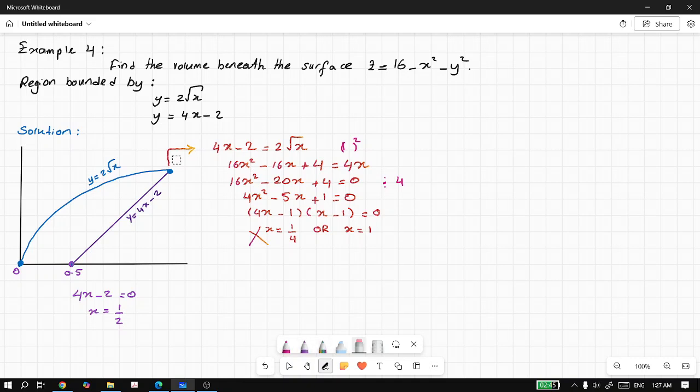So here the point that we have got is 1. And of course, putting that into one of those equations gives me 2. For example, if I put it in here, y is equal to 2 square root of 1, and this gives me 2. So this point here is (1, 2).